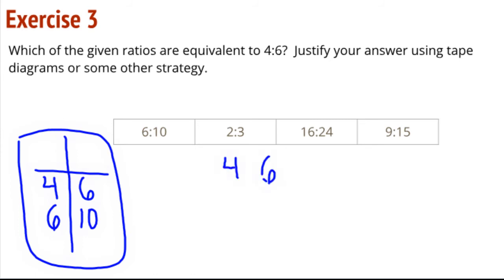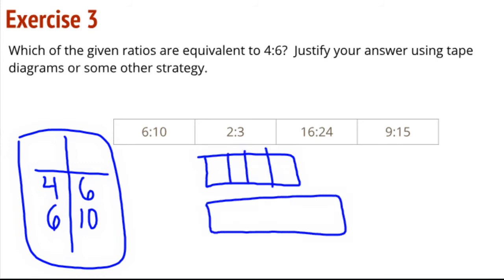So we've got 4 to 6 and we've got 2 to 3. This is our second ratio here. Instead of a table, I want to set up some tape diagrams so we can see what's happening. So I've got 4 to 6: 1, 2, 3, 4 and 1, 2, 3, 4, 5, 6. And the question is, is that equal to 2 to 3? I've got a couple of different ways I can think about this problem.